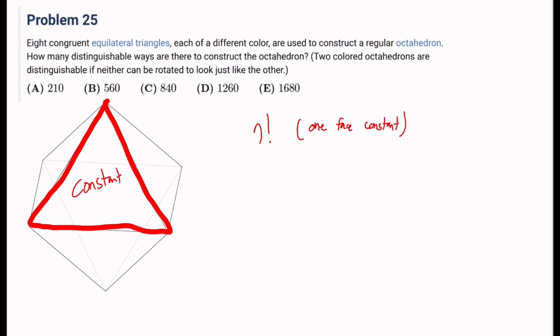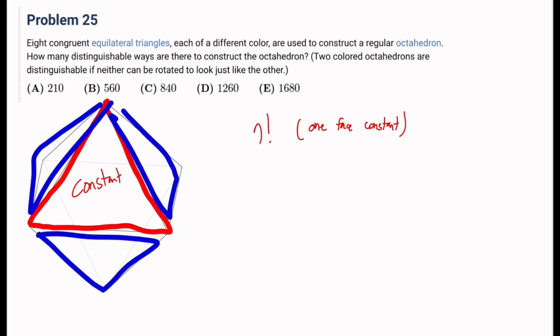But even if we have this face constant, we can also see that this triangle and this triangle are symmetrical, right? So we could have constant patterns of 3 overlapping.